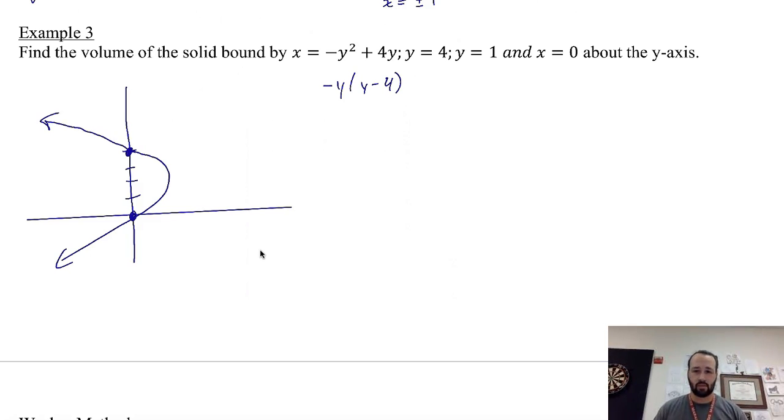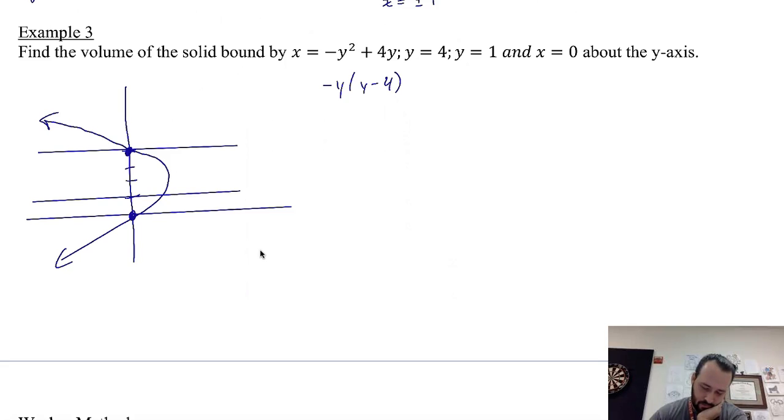And notice this is a function in terms of y. So that's how I will treat this, especially since they're talking about the region bound by y equals 4, y equals 1, and the x-axis. So it's talking about this region right there around the y-axis. So my radius here is just the function, right?